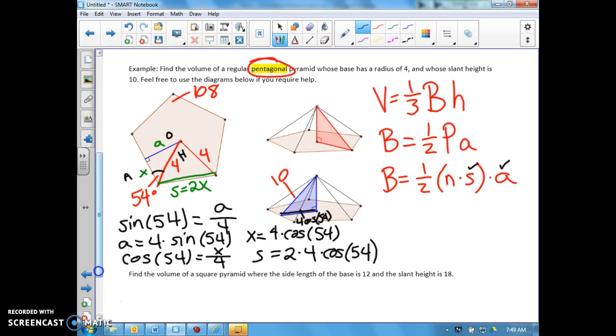So I can find the height by using Pythagorean theorem. I can say that h squared plus 4 times, no, it's not cosine, the apothem was sine, sorry. 4 times the sine of 54 squared is equal to 10 squared.